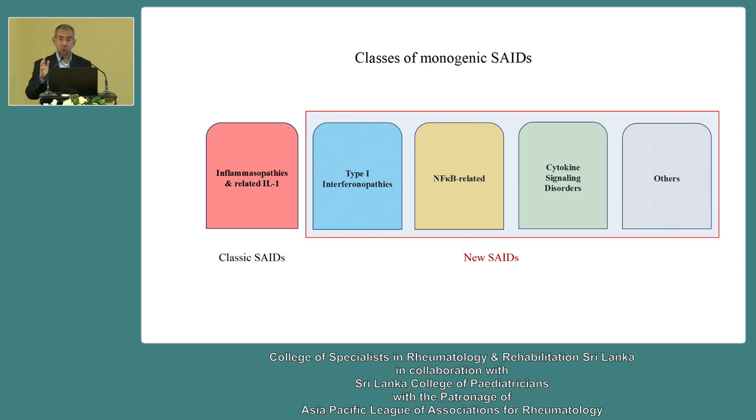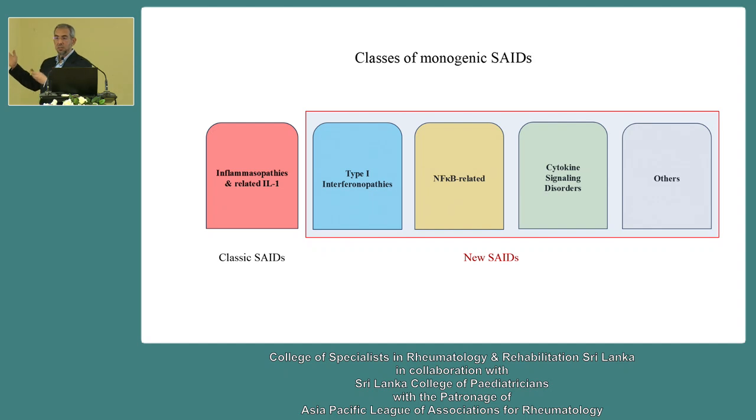Because if you recall the stereotype of autoinflammatory disease, typically this is tied to the inflammasome and related interleukin-1, while others probably will not follow the same pattern. So people may get confused when they talk about autoinflammatory disease.